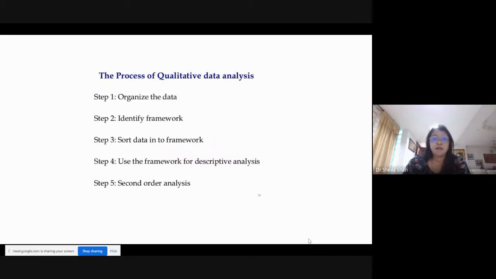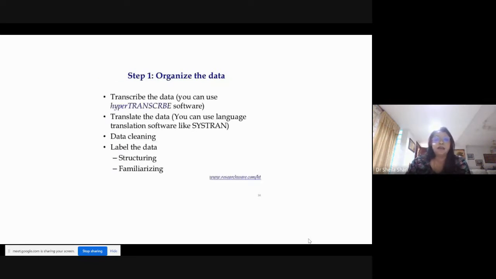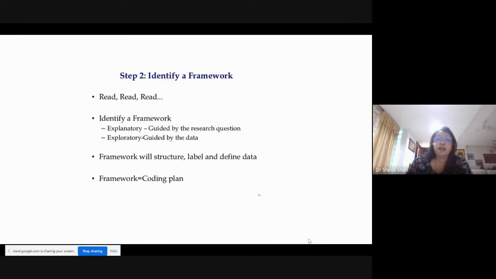So process of analyzing, organize your data, identify the framework, sort out the data in a framework, and then you do a descriptive analysis. So how do you organize a data? Now, identify a framework. You need to have a theory behind your research question.